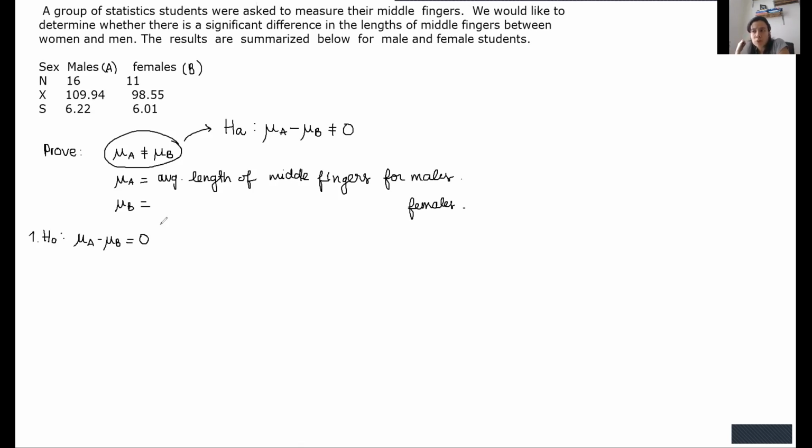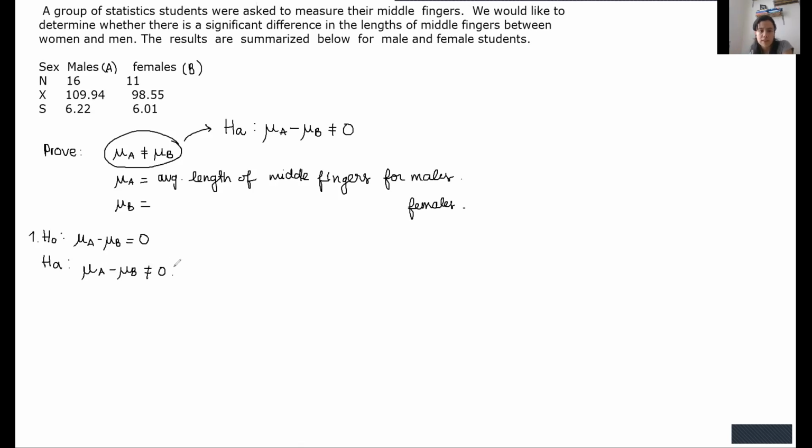So I'm going to start with the assumption that mu A minus mu B is equal to 0, which means that the mean length of middle fingers for males and for females, when I subtract them, give me 0, which means that they start being the same. And what I'm going to try to do then is to show enough evidence to say that mu A minus mu B is different than 0.